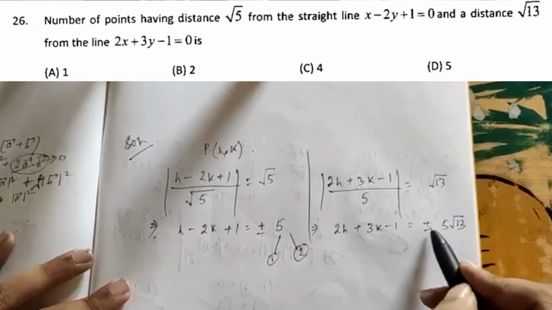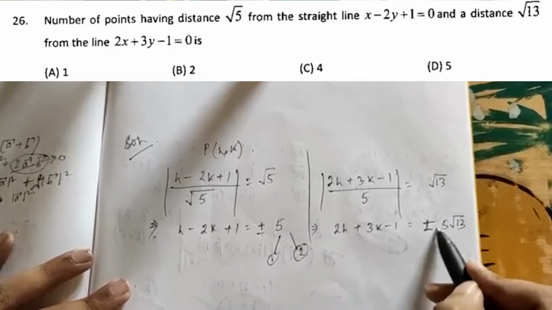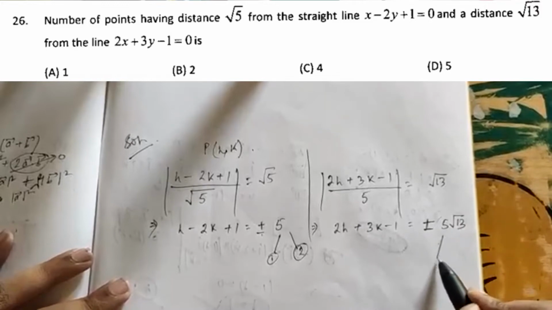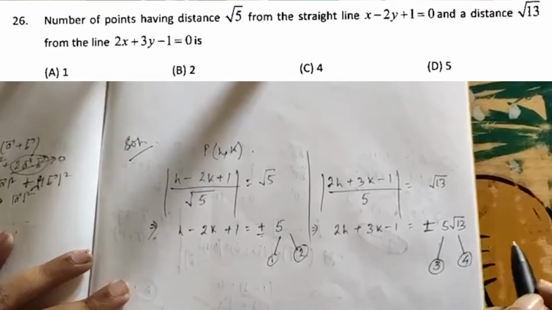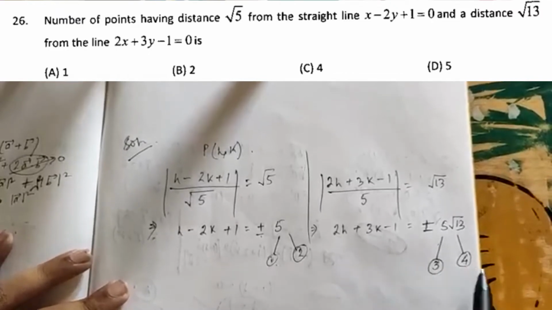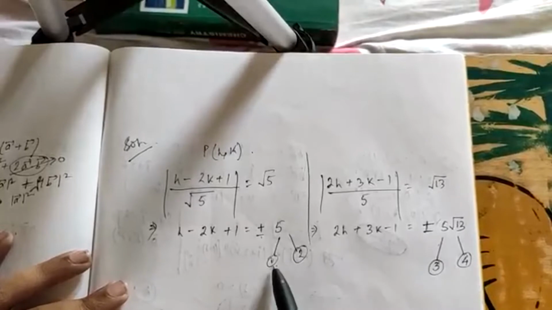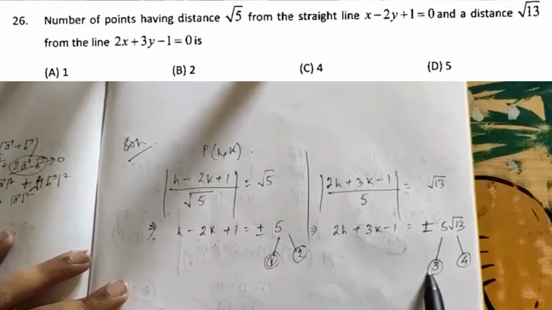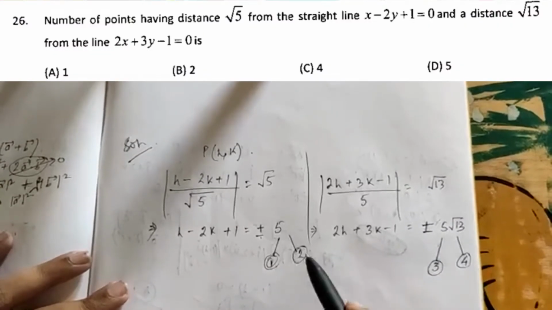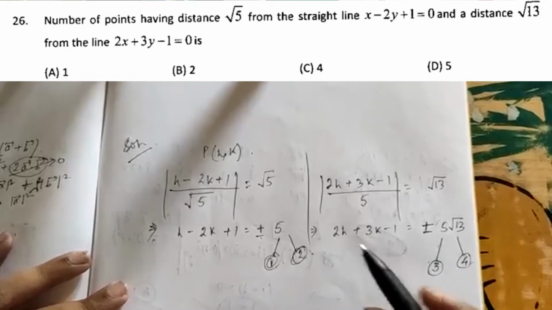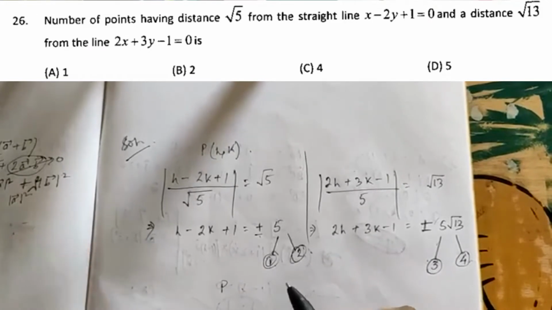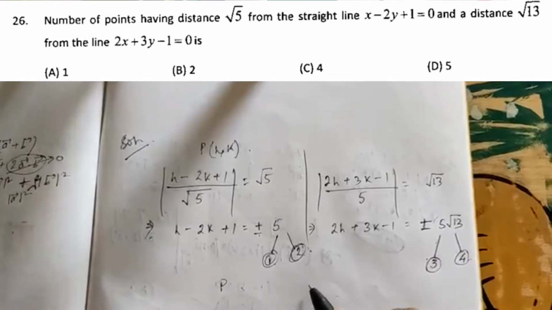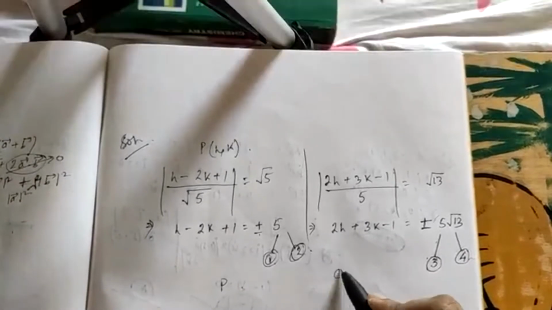And again here, by taking two different signs for RHS, there are coming another two equations, that is equation number 3 and 4. So there are four equations, and by solving them alternatively from equation number 1 with the equation of 3 and 4, equation 2 to equation 3 and 4, we can get four different values of point P. Four different coordinates for the point P. So there will be four answers. Option C will be the correct one.